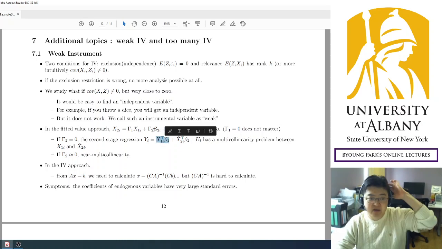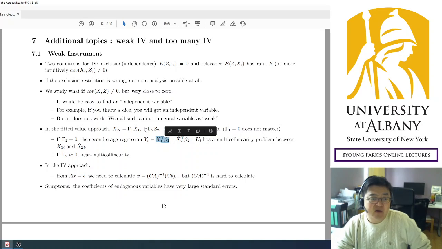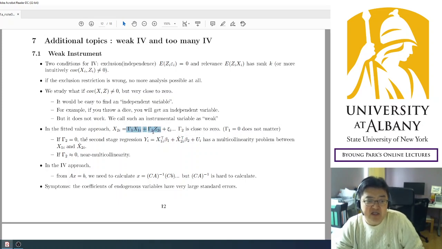You are using the variation from this part, but this part is basically equal to this guy, and you are using gamma 1 x1 instead of x2. What you plug in is already x1, and then there is another x1. So they are multicollinear.